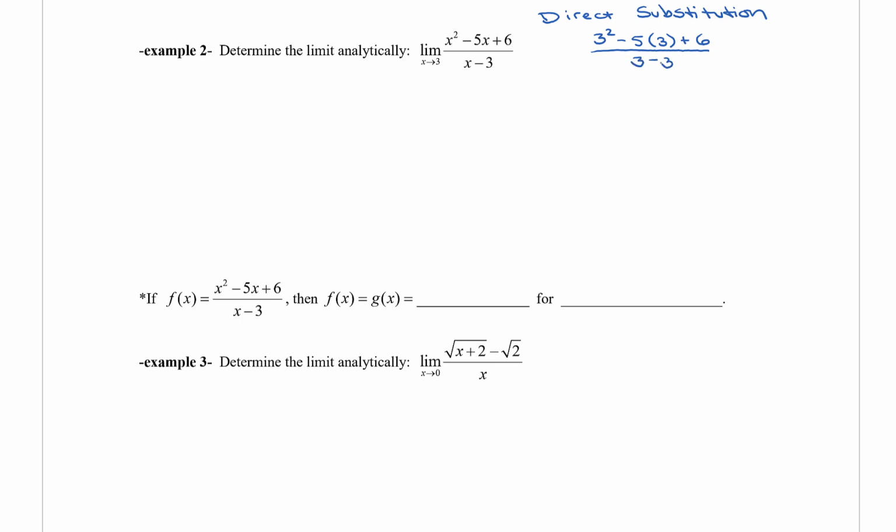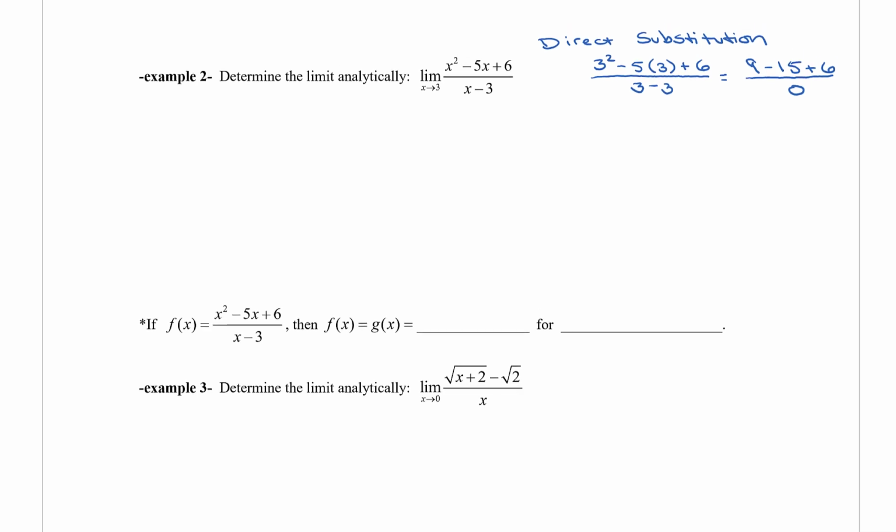This is going to give me 9 minus 15 plus 6 all over 0. And if I were to continue to work out the numerator part, I would end up with 0 over 0. So this is undefined. So we cannot conclude anything from this. We cannot figure out what the limit is. I need to use another method.